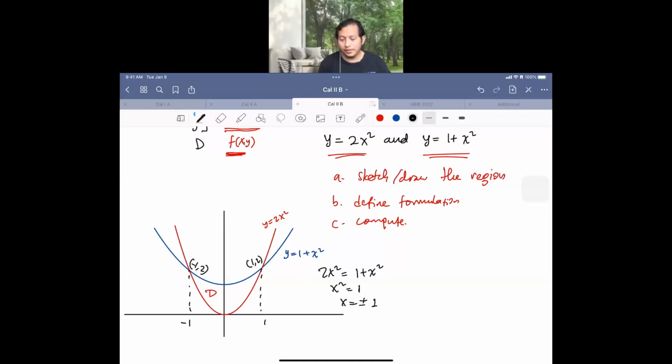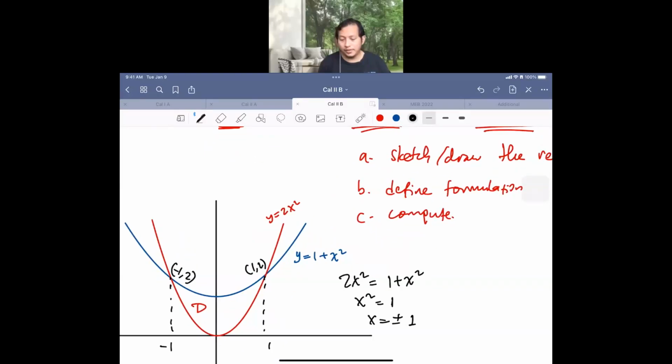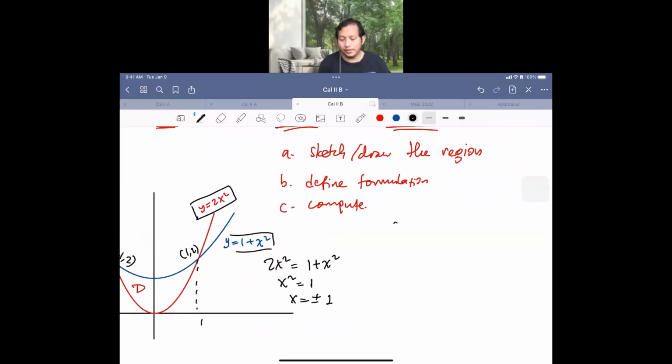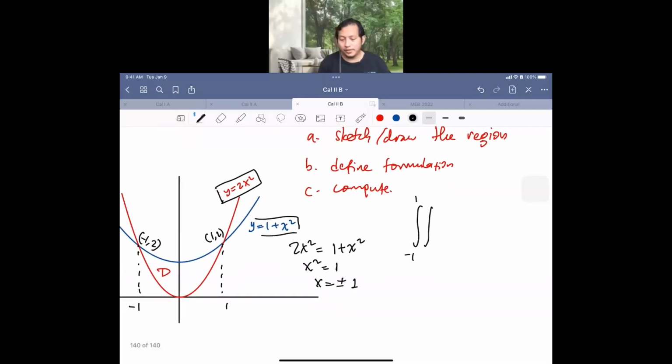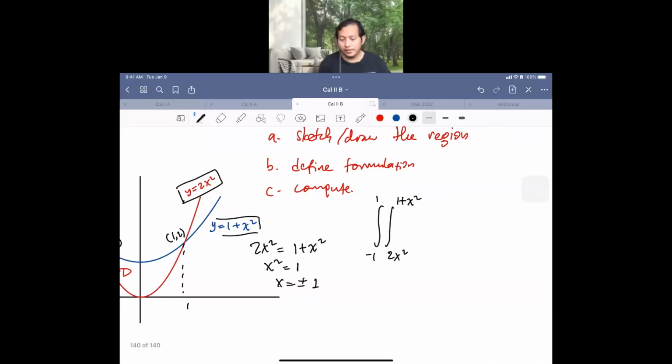So if we have this, we already see that these two functions are functions of x. Then we can define that if we would like to calculate from negative 1 to 1, and from 2x squared to 1 plus x squared, this will be defined as a double integral, dy and then dx.